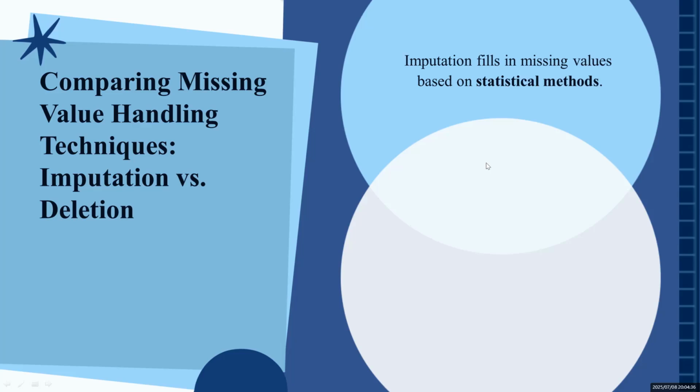You should take note that whether you're using imputation or deletion, both methods help to maintain data integrity, the quality of the data, and the analytical validity of such data. So both methods are very essential during our data processing.